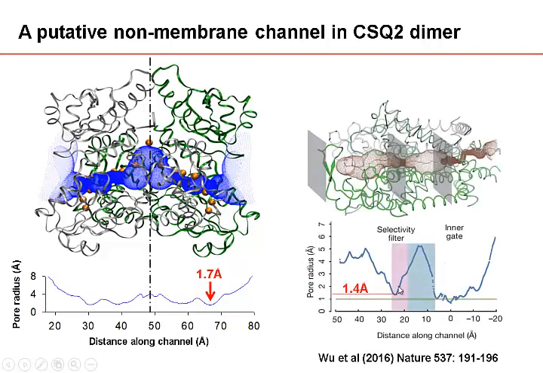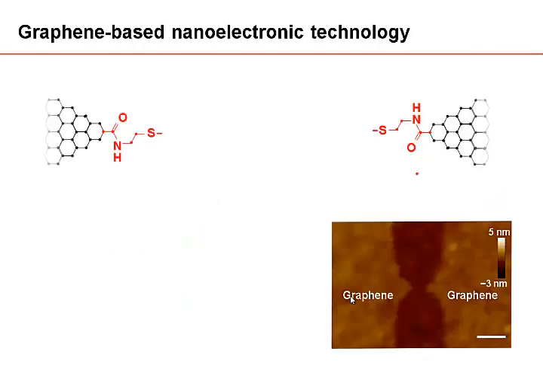This radius is wider than the ionic filter of a typical transmembrane calcium channel, CaV1.1, whose bottleneck radius is around 1.4 angstrom. This suggested that the CSQ2 channel may be permeable to partially dehydrated calcium ions. Now, the challenging question is how to test the conductance of a non-membrane channel. Without a membrane to host the channel protein, patch clamp cannot apply.